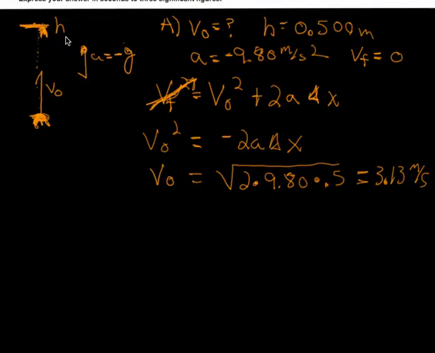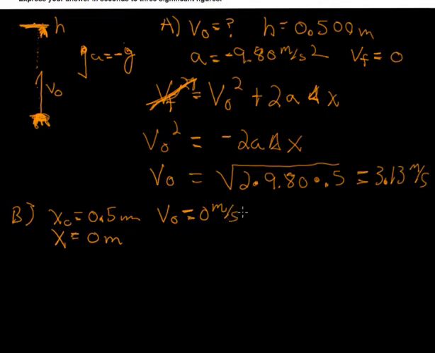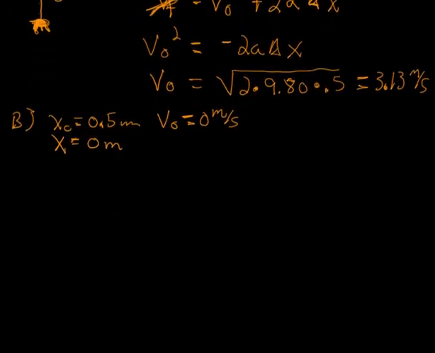So from that point on, we can think it's dropping. So in part B, we can look at a flea starting at the top. So x naught equals 0.5 meters, x equals 0 meters, and v naught is 0 meters per second because it's at the top getting ready to start a free fall.